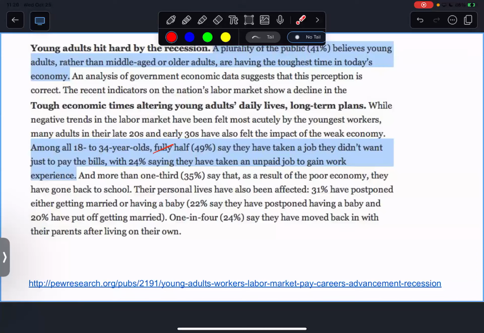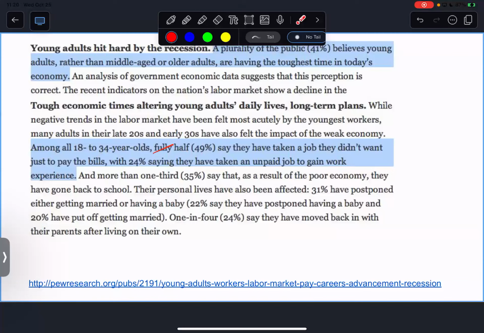So now we have some sample proportions, right? Proportions are percentages, are probabilities, right? It's hard to see the connection to probabilities here, but the probability that a randomly sampled 18 to 34-year-old has taken a job just to pay the bills is 49%, 0.49, right?